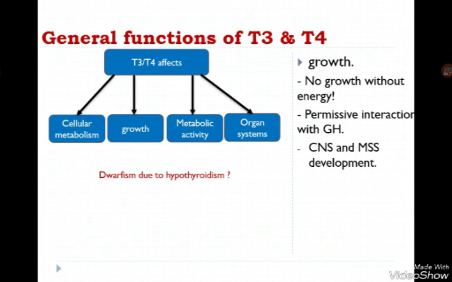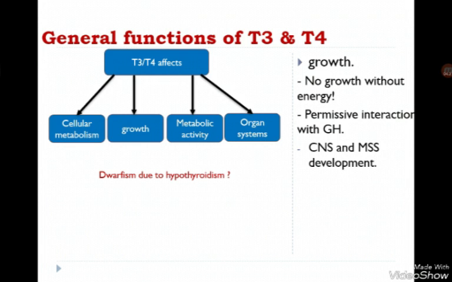The second major function of thyroid hormone is growth. Remember when we talked about the growth hormone, we said that there is a permissive interaction between growth hormone, insulin, and thyroxine.